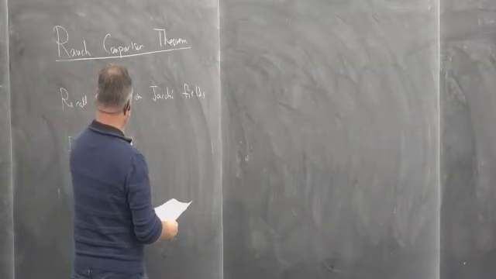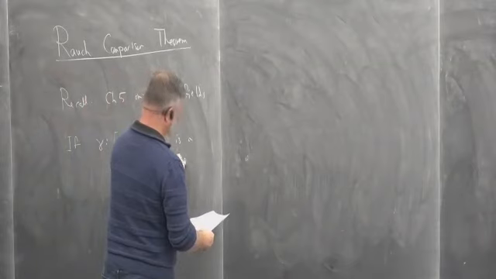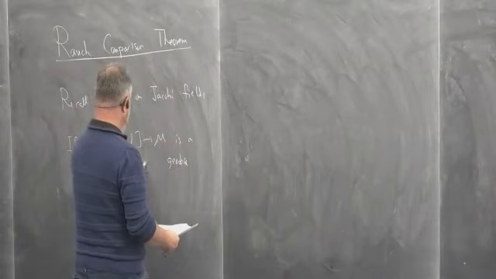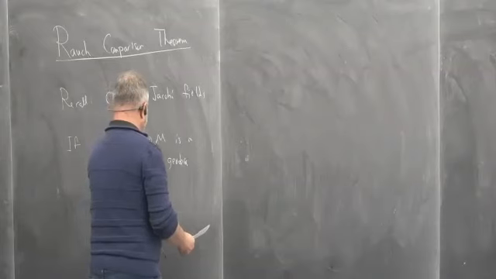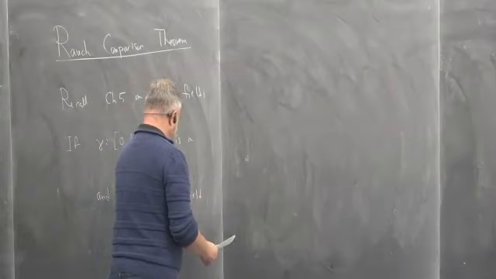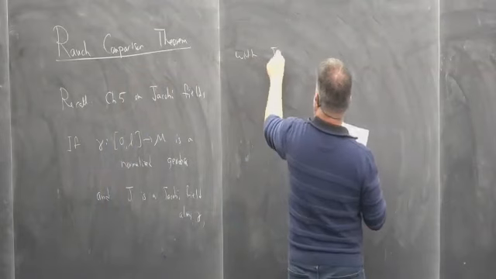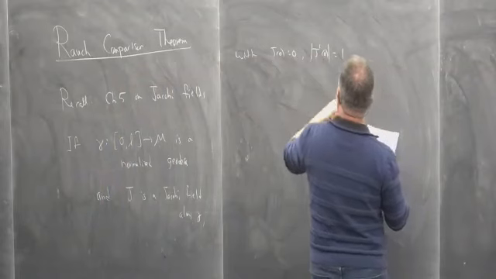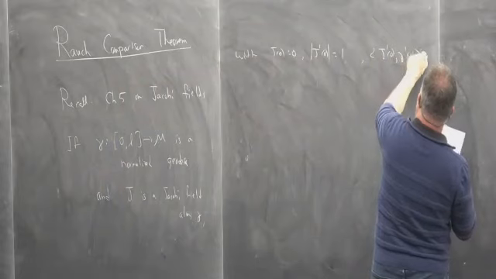If gamma is a geodesic, let's say normalized, and J is a Jacobi field along gamma with J(0) = 0 and J'(0) has length 1 and J'(0) is orthogonal to gamma'(0).